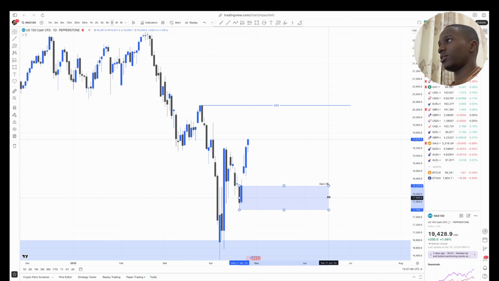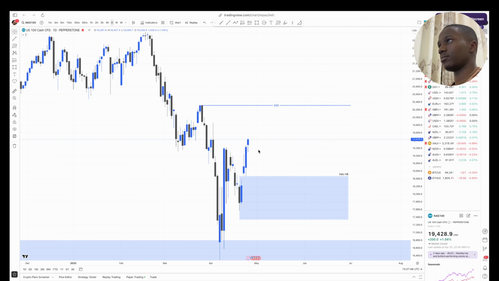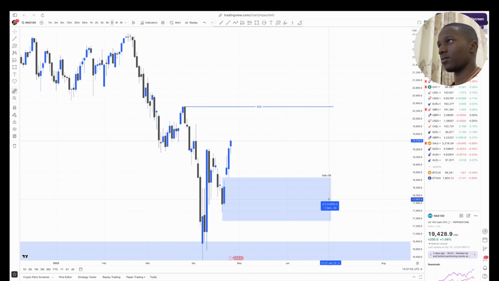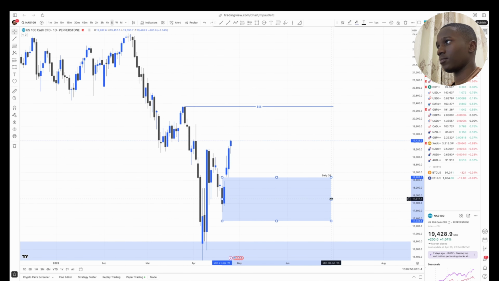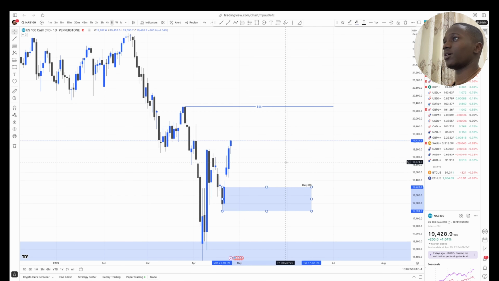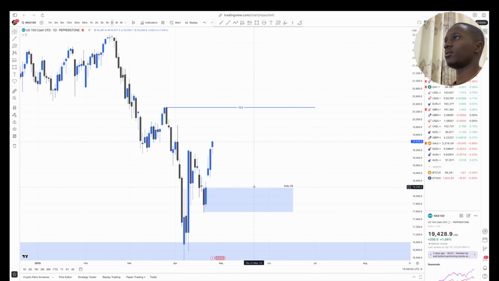Our anticipation might be when the market opens and starts going lower, we would expect a reaction from one of these order blocks or to fill this imbalance you see right here.